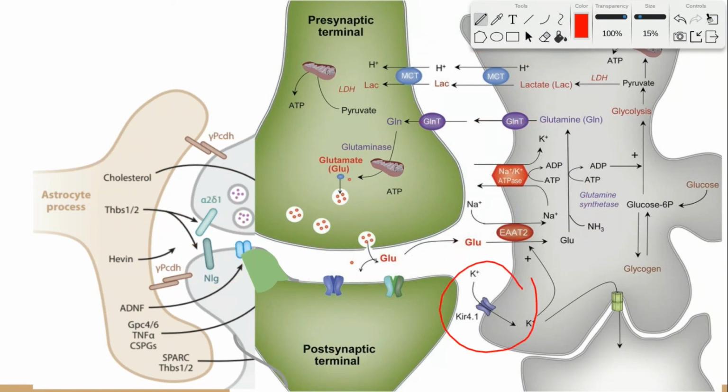Extracellular potassium maintenance, ion concentrations as well, and various cell-cell communication events with TNF alpha and L-serine binding glutamate receptors, and I'm sure ATP binding P2Y receptors, and I'm sure there's many others that are yet to be discovered.